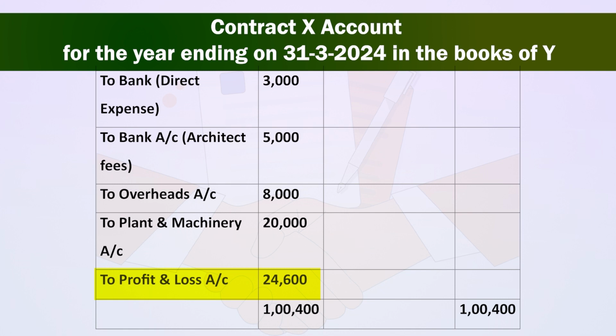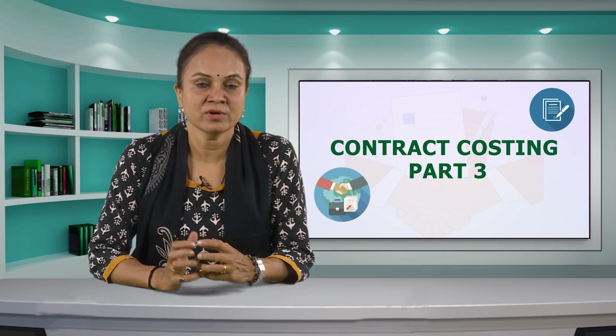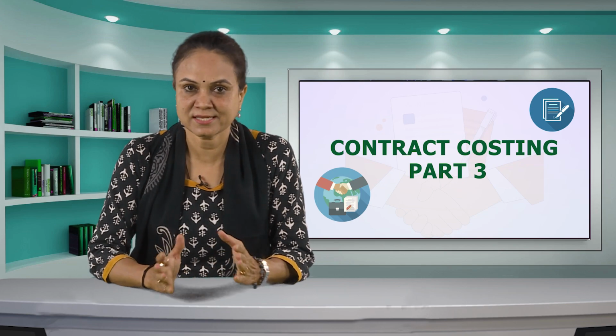Amount is rupees 24,600. Total of debit and credit side is rupees 1,04,000. I hope the journal entries and how to prepare an account when the contract is completed is clear.